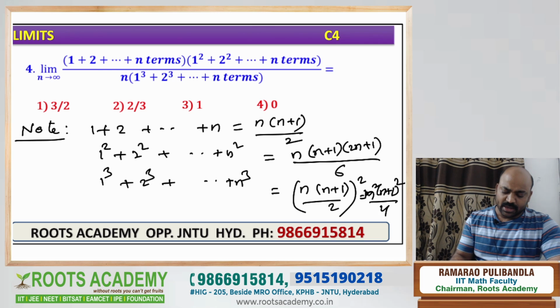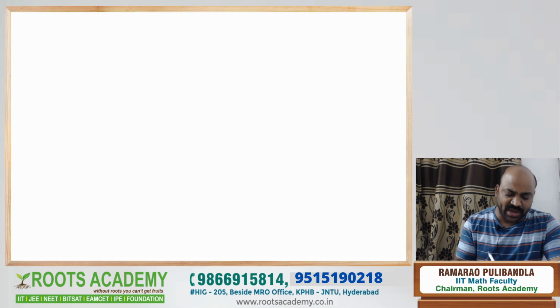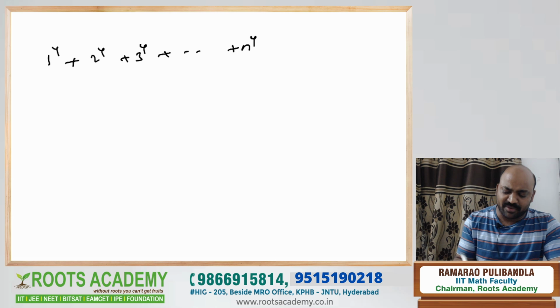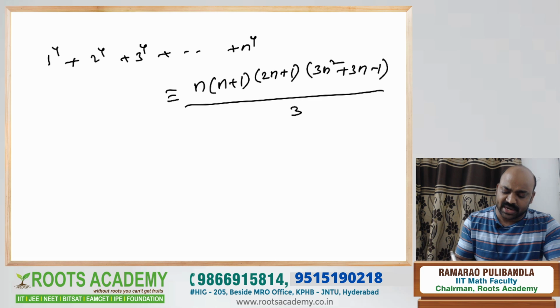And one more beautiful formula everyone has to remember, which you don't get in school days: 1 power 4 plus 2 power 4 plus 3 power 4 and so on plus n power 4 is n into (n plus 1) into (2n plus 1) into (3n square plus 3n minus 1) by 30.